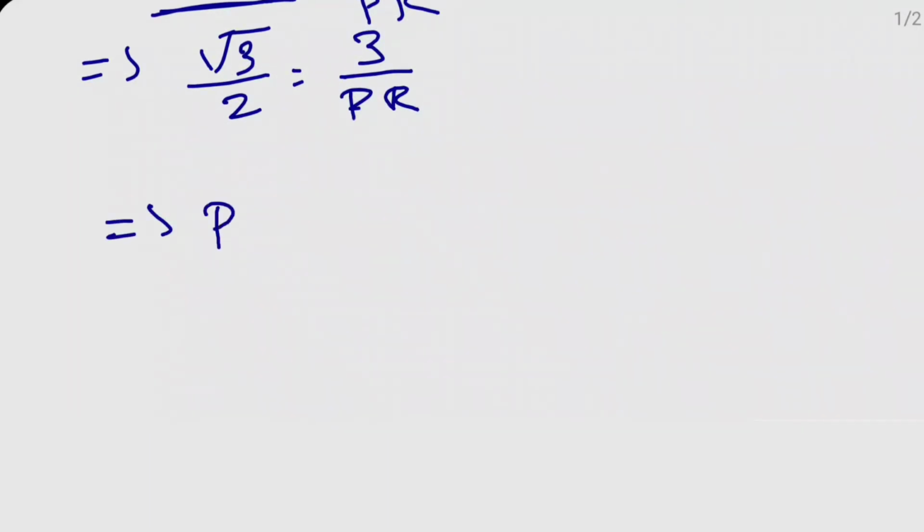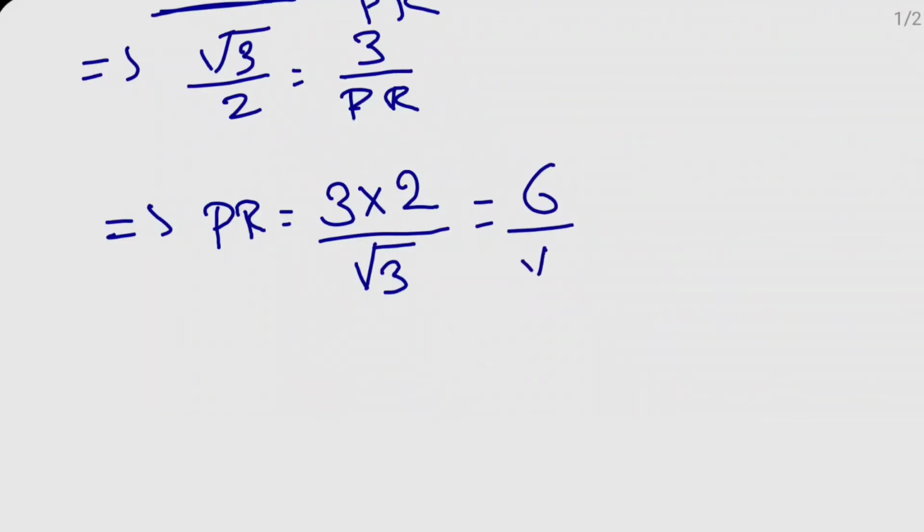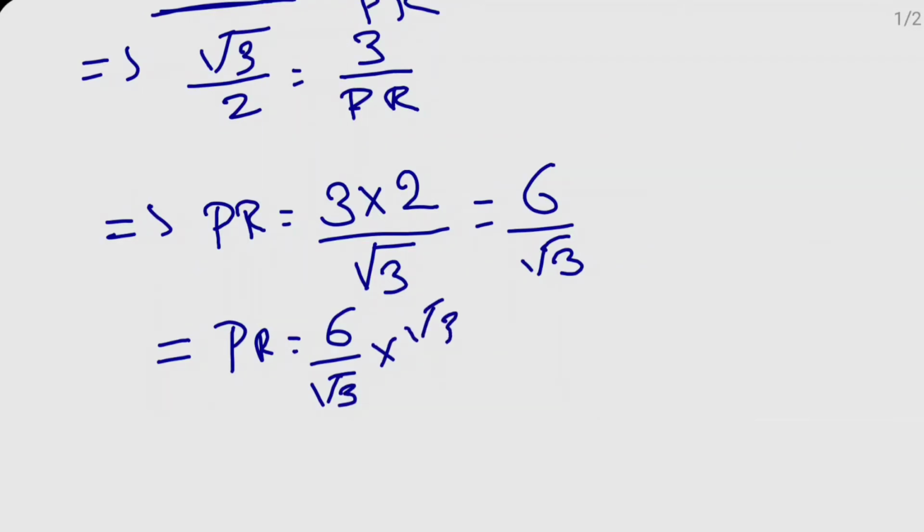And now this implies PR equal to, PR comes to the LHS side, it becomes a multiplication. PR equal to 3 into 2, which comes to the RHS side, it becomes a multiplication, and this divided by root 3 comes to the RHS side, it becomes a division. So this equals 3 into 2 is 6 divided by root 3. So PR equal to 6 by root 3, and because in the denominator we have root 3, multiply and divide by root 3.